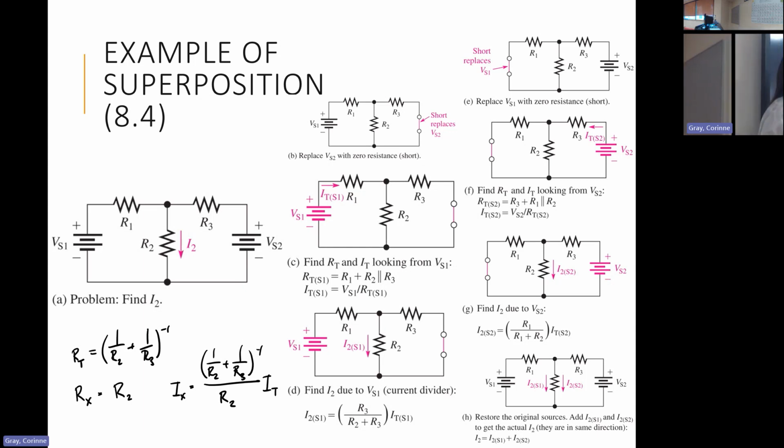It's always going to have the simplified version. So the textbook is going to move on to here, moving forward with how it does its current divider. You don't have to if you don't want to. I'm just letting you know that is what the textbook is going to be using.